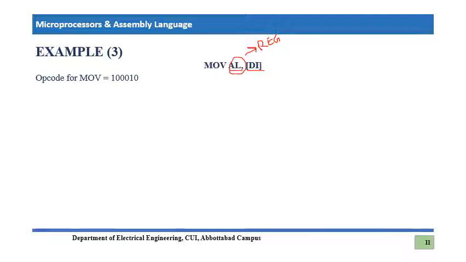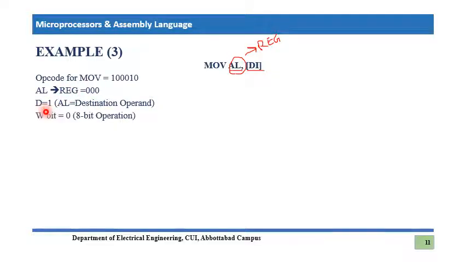So first of all, the opcode for move is 100010. That is simple. The next thing is AL is going to be encoded in register, so the value for AL is 000. It is given in your table. Since AL is the destination operand which is encoded in register, D will be equal to 1.